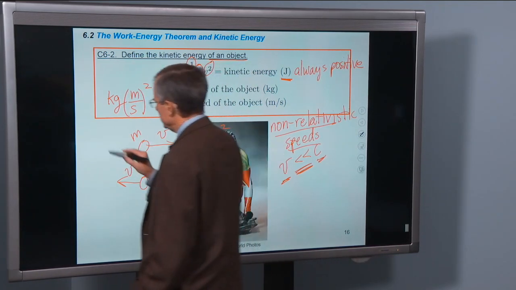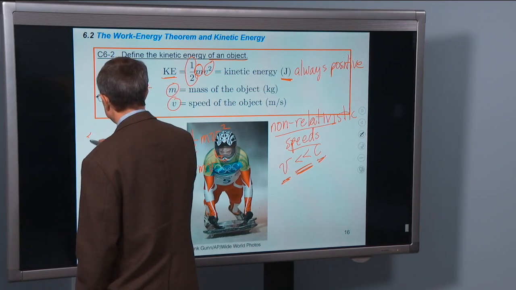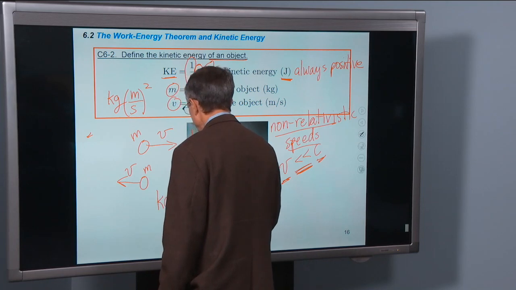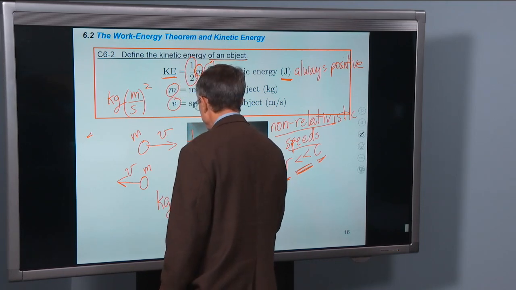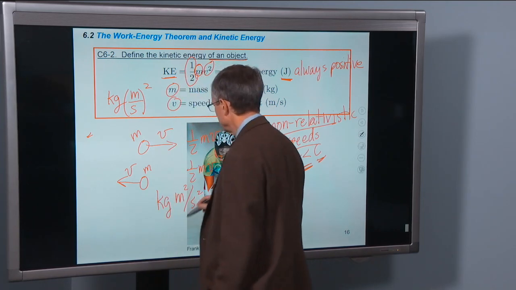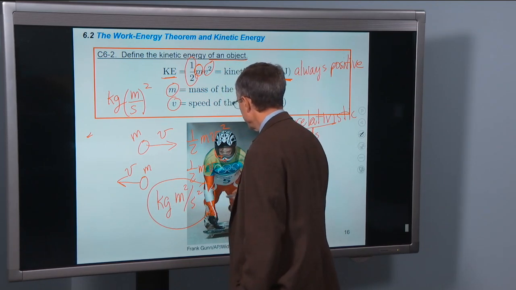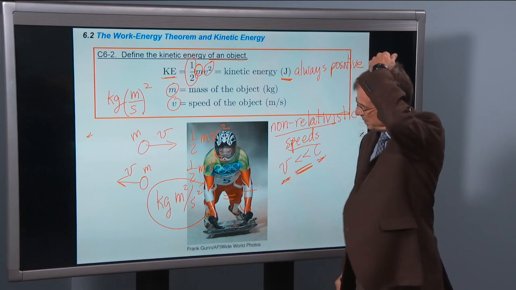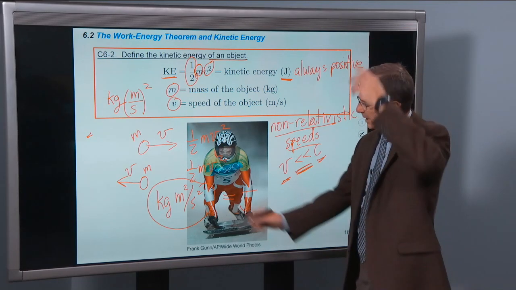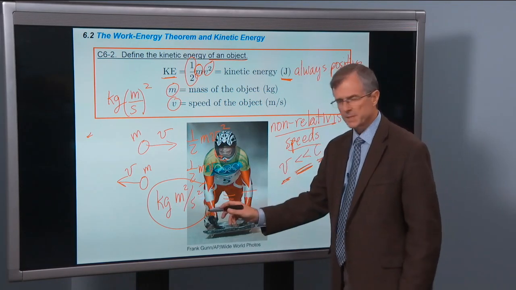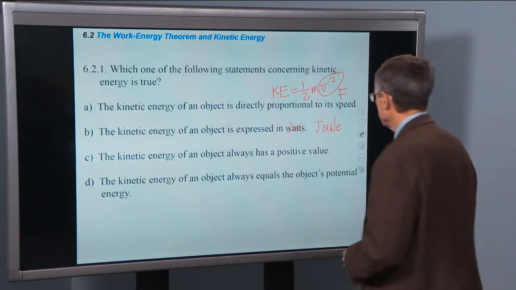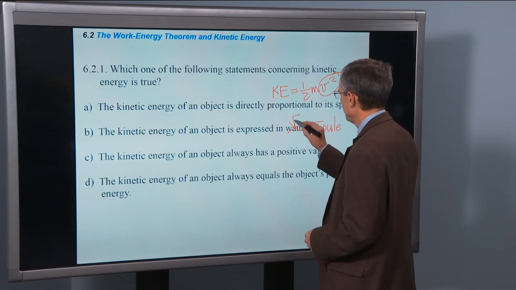Well, that is kilogram meters squared per second squared. But that's nothing other than our old friend the joule. And we did an exercise to show that the joule was exactly the same as this. So the kinetic energy is actually measured in joules, so that one's not true.